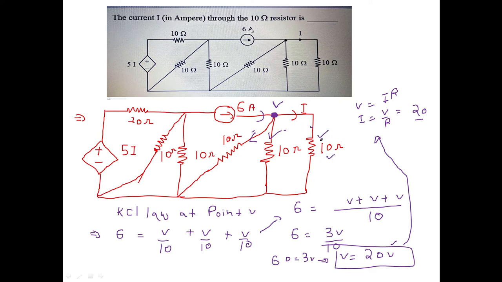So I is equal to 20 by 10, which is 2 ampere. So the current across the 10 ohm resistance is 2 ampere, and that is the answer for this problem.